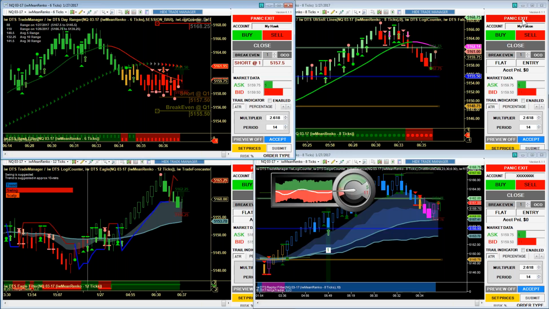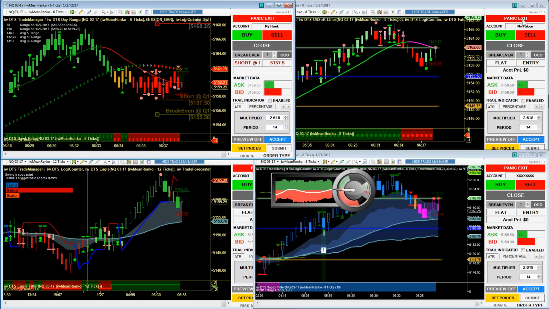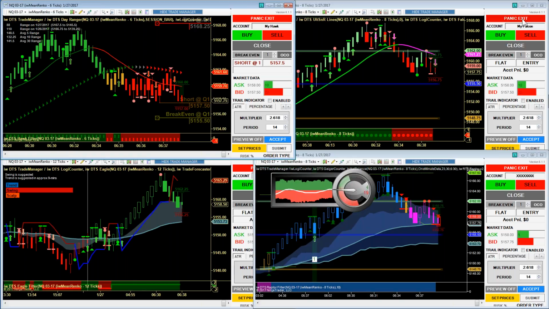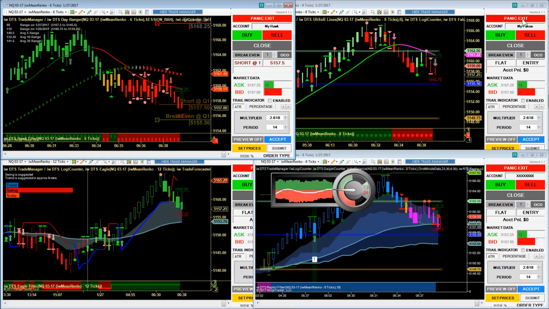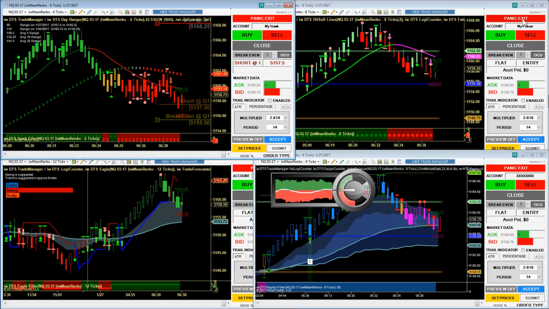The programming on the others has been locked, but the Raptor, you can make a lot more adjustments to it. Just making a couple notes here in my trading journal.